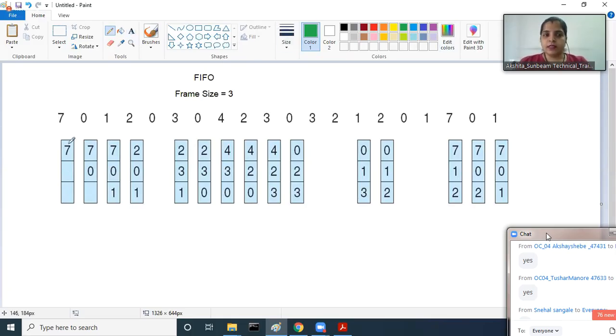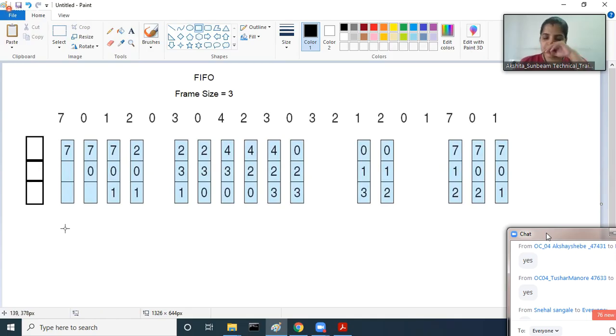So let us assume initially I have 3 free frames. I'll draw an initial memory mapping like this, which has 3 frames in it. This is the first frame, this is the second, this is the third.